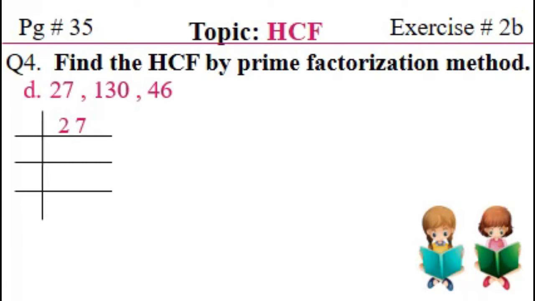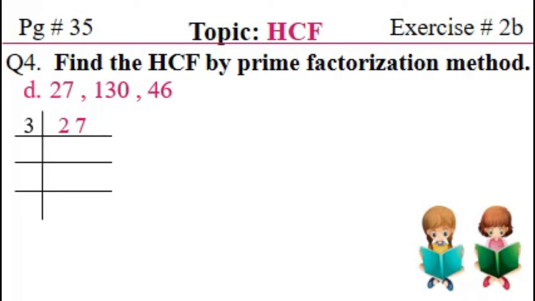So we simply add the digits of the given number. So 2 plus 7 is 9. As 9 is a multiple of 3, or we can say 9 is completely divisible by 3, therefore 27 is also divisible by 3.